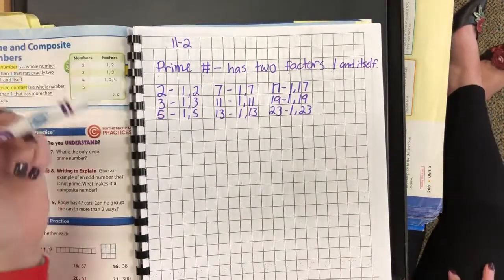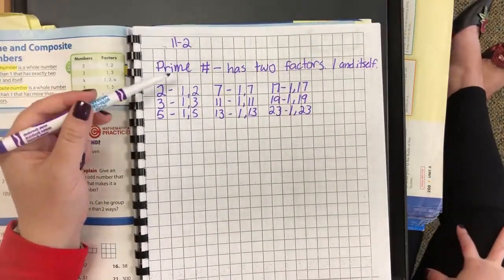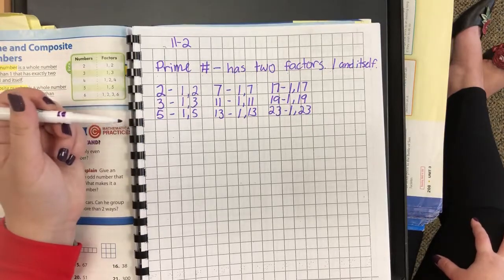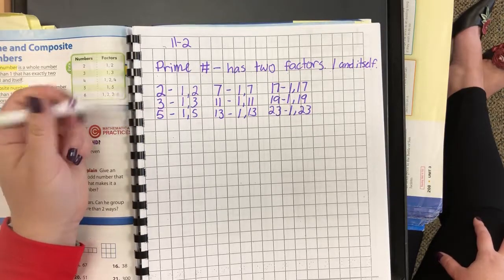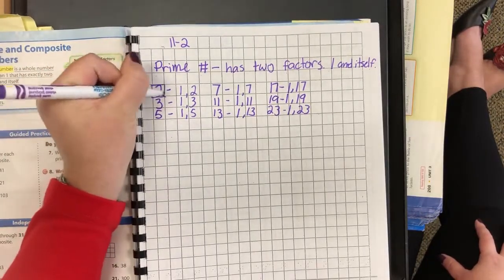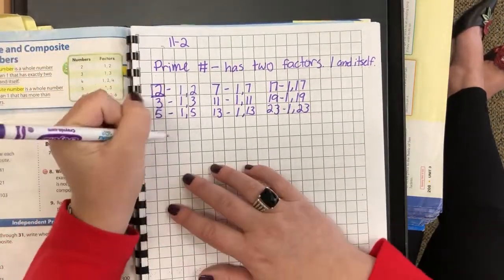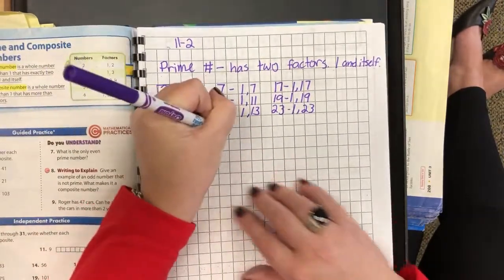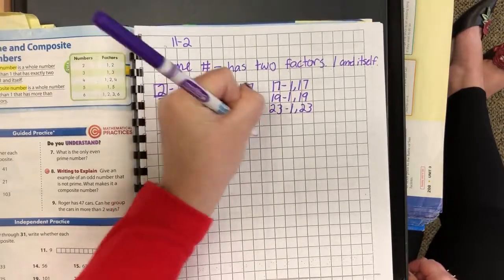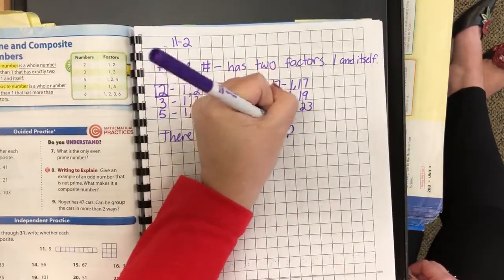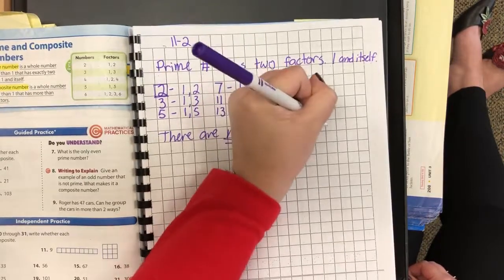So basically, any number that only has 2 factors, 1 and itself, is a prime number. Except for the number 2, 2 is the exception, there are no even prime numbers.